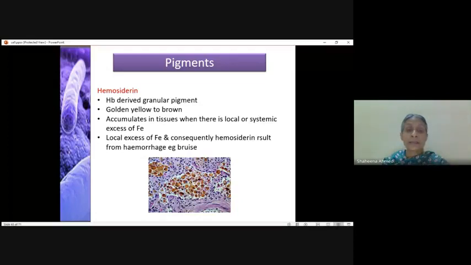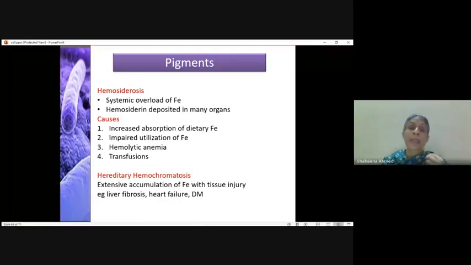Hemosiderin, this is a derivative of hemoglobin, golden yellow in color, and when hemoglobin is degraded, this is the final product which accumulates in our body. It can accumulate locally or systemically, and its accumulation usually tells us the load of iron in our body.